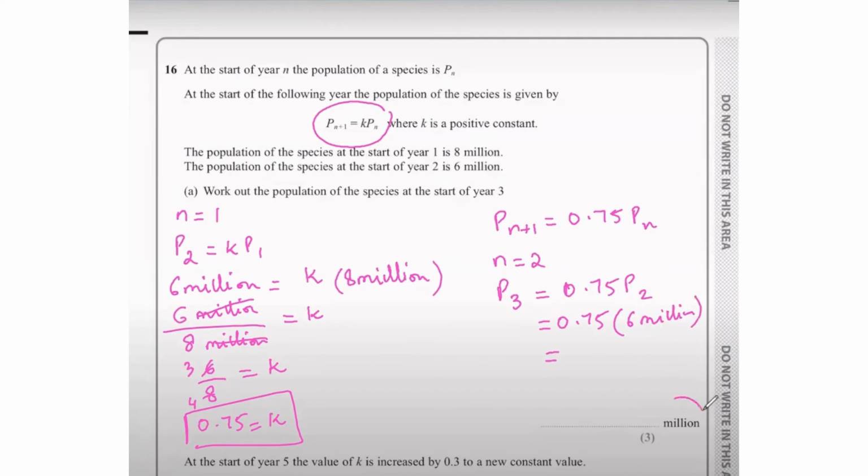Since million was already given over here, we just multiply 0.75 by 6. 6 5s are 30, carry the 3. 7 6s are 42 plus 3, 45, carry the 4. Decimal comes down as it is. 6 zeros are 0 plus 4. So 4.5 million. That is your population of the species at the start of year 3.